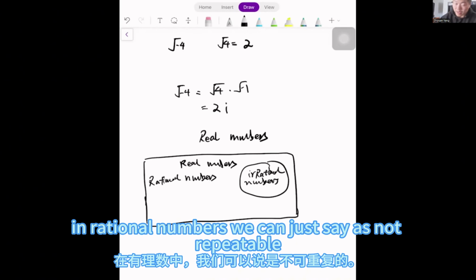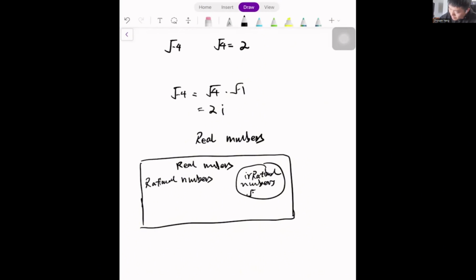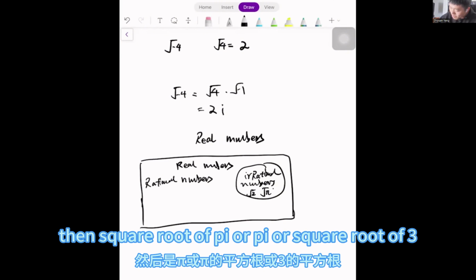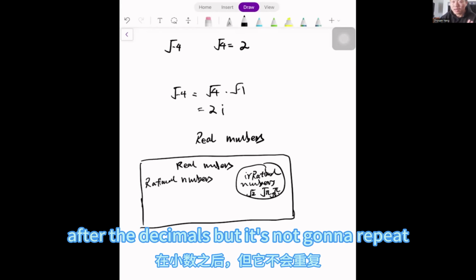The irrational numbers are the ones that are not repeatable, like the square root of 2, pi, or the square root of 3. They go on forever after the decimal point, but do not repeat.